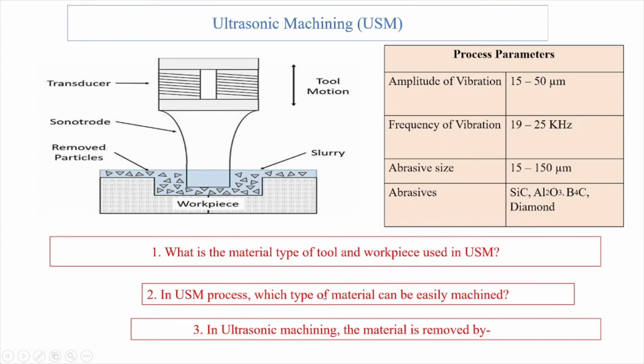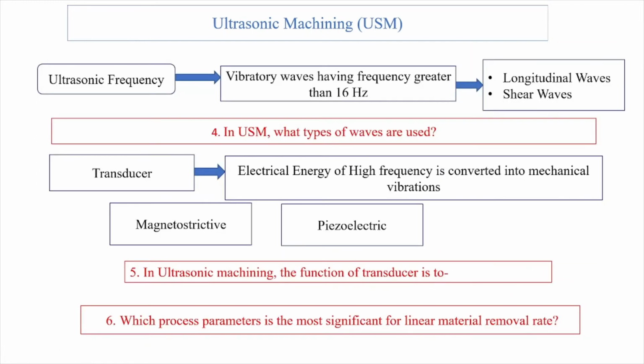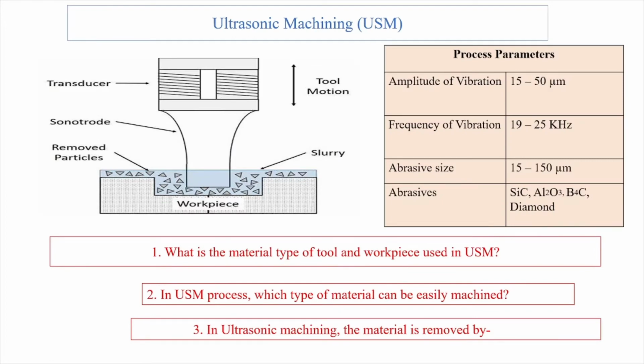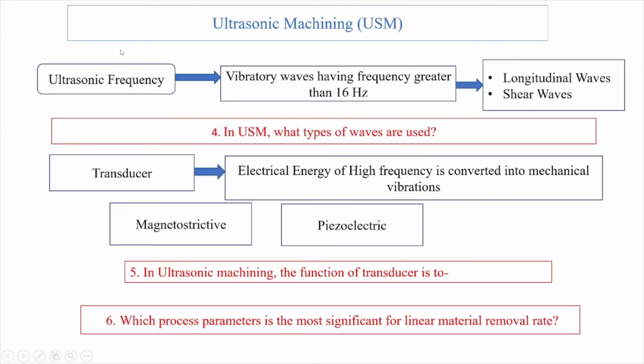Obviously brittle materials can be easily machined using the USM process, and in ultrasonic machining the material is removed by abrasives. The abrasives used are SiC, Al2O3, boron carbide. And then in USM, what types of waves are used? We can say longitudinal waves. Why?